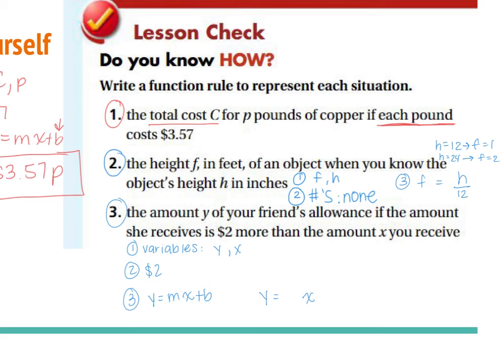How are we using that 2? You're adding it. Very good. How did you know to add it? It says more than. Okay? It says more than. So we know we're going to add the 2. So it's going to be y equals x plus 2. Again, guys, a lot of this does not come supernaturally. You have to practice, practice, practice.